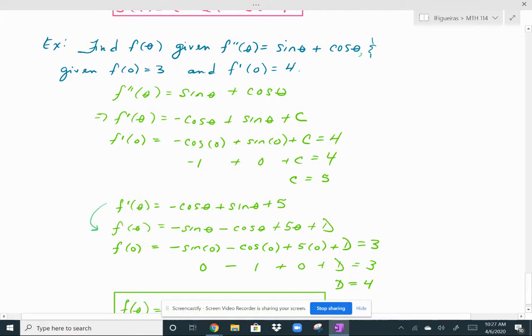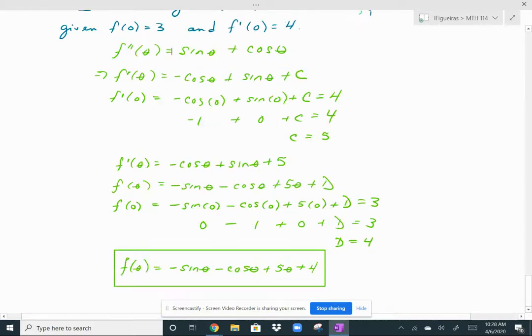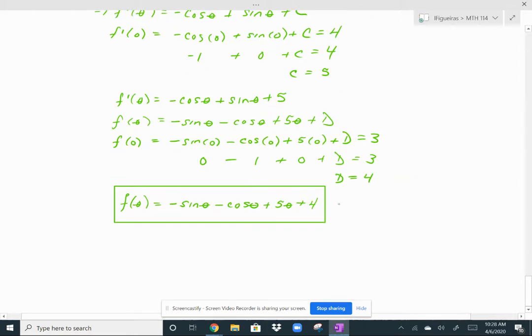Then you use the condition on the function, which is f of 0 equals 3. We plug in 0 for theta, set the whole equation equal to 3, which is what you see here. And you get negative 0 minus 1 plus 0 plus d equals 3. Solving for d, you get d is equal to 4. So your function is negative sine of theta minus cosine of theta plus 5 theta plus 4.